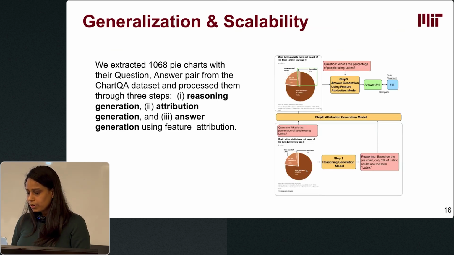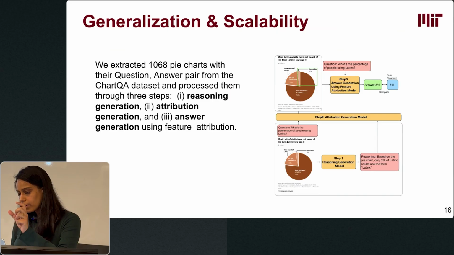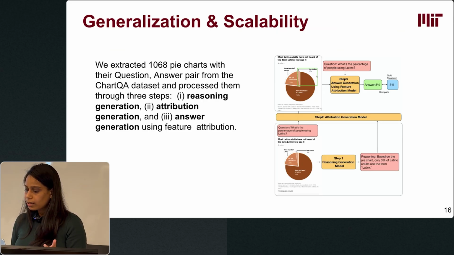What is happening here is, given a pie chart and a question, like what's the percentage of people using latents, the reasoning generation model, which I explained in the previous slide, generates the reasoning. The reasoning along with the chart and question is then passed through the attribution generation model, and it gives us a bounding box on the chart, which we see as chart attribution.